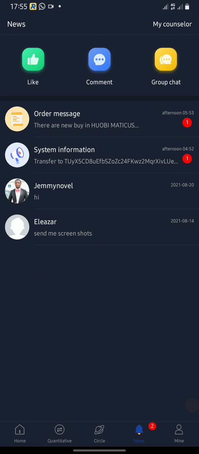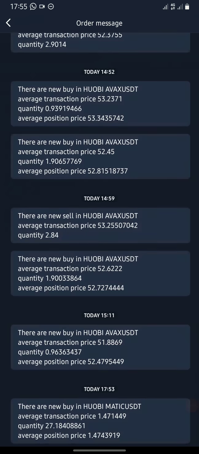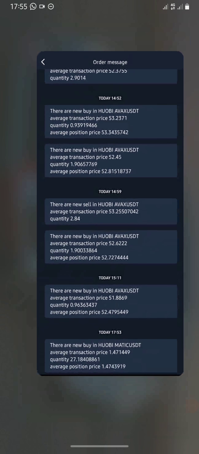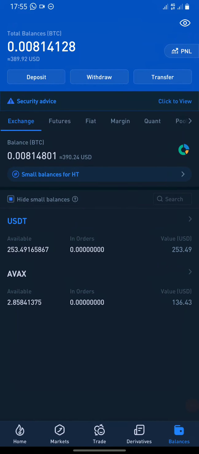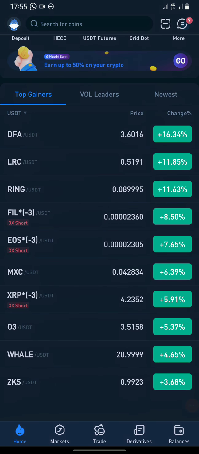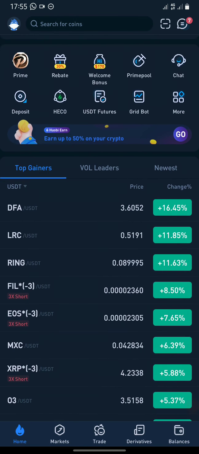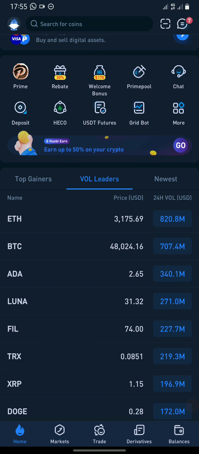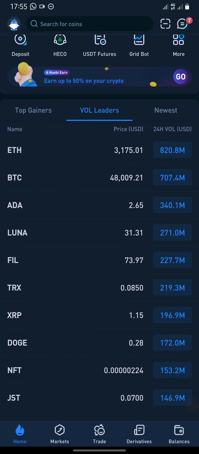Before we go, there are new buys in Matic USDT. Now let's go to my account. Click home here. Where is Matic? Let me see if it's part of the top gainers. No. Top losers?